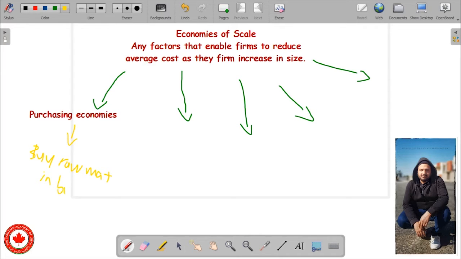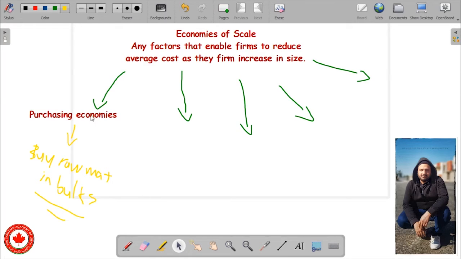When they buy in bulk, they are able to get a discount from the supplier for buying such a huge amount. When they are buying the raw material for a cheaper price, they are able to reduce the average cost of production directly. And this is considered an advantage for larger firms over small ones because small firms cannot do the same thing.